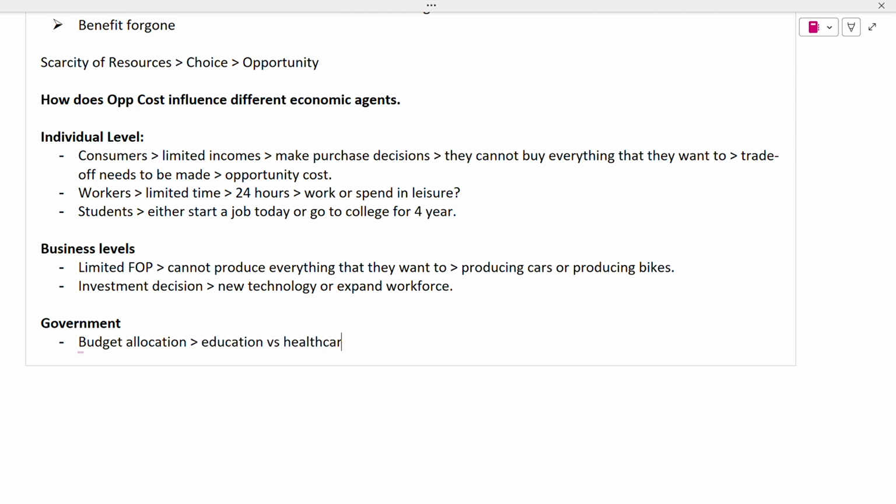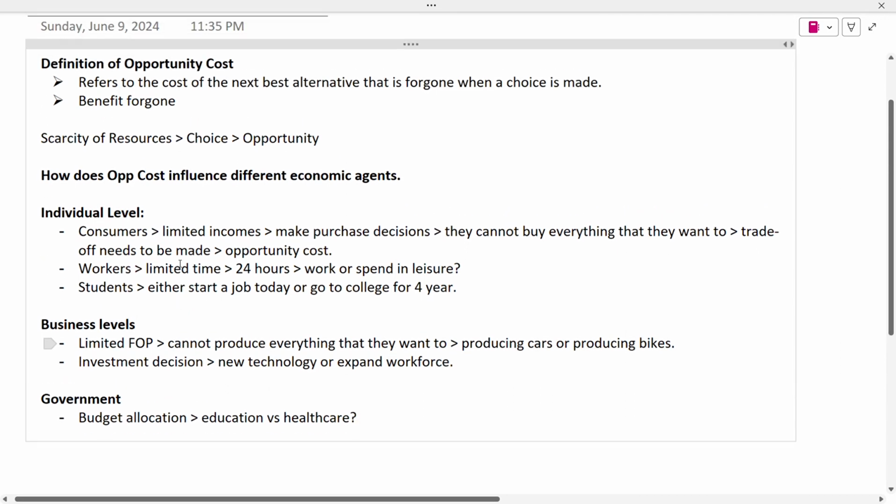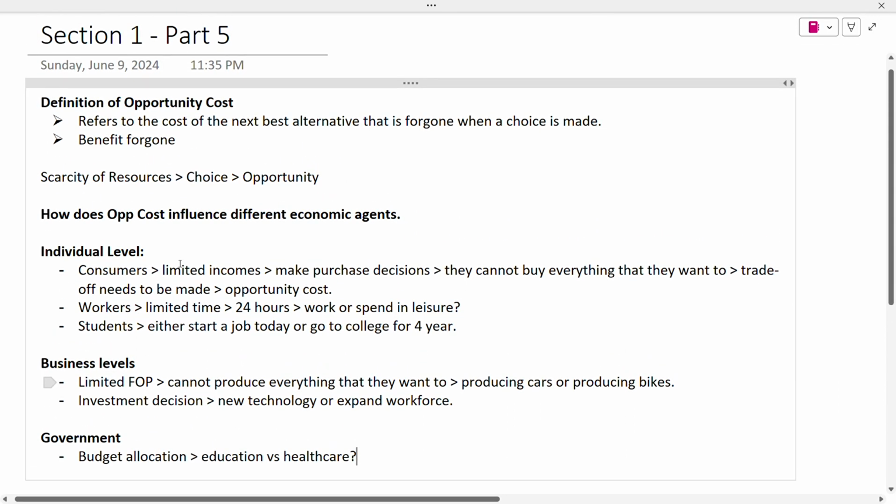Should they spend more budget towards education, or more towards healthcare? They have limited tax revenues, and if they spend more on education, they might not be able to spend on healthcare, and the societal benefits that they could have gotten by spending on healthcare become their opportunity cost. And that is how opportunity cost affects different economic agents at different levels.